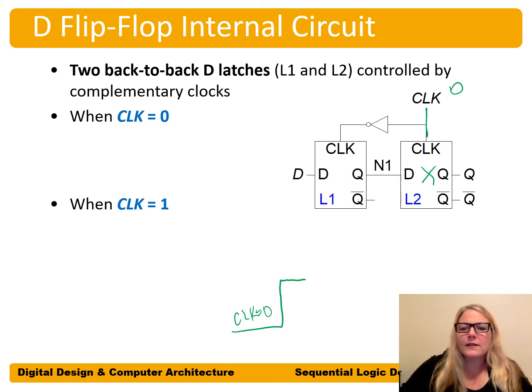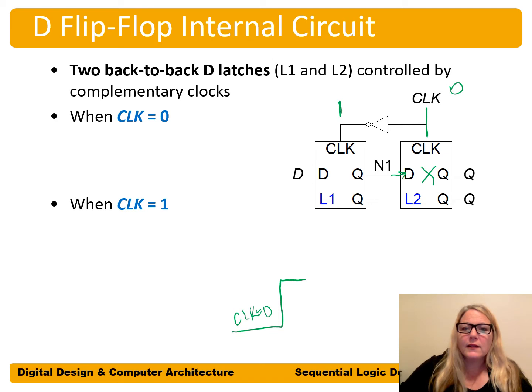L2 is what we call opaque or cut off. This internal node N1 cannot pass through to Q. So when clock is 0, L2 is opaque, but L1 is transparent.